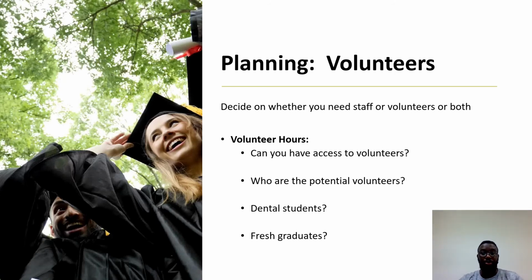In some situations, you might need both staff, the people you are going to employ and pay for the period of the program or for a specified period, and at the same time people who will volunteer. You should be able to decide whether you can manage both staff and volunteers or you need one set, but that will be determined by other things that you need to take into consideration.